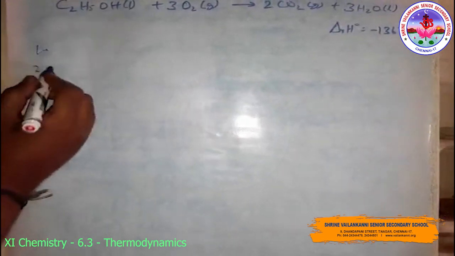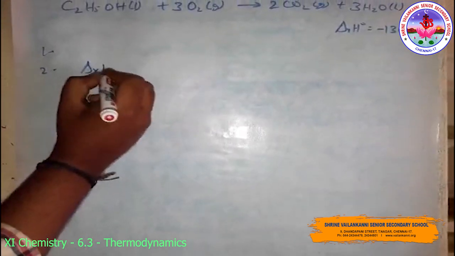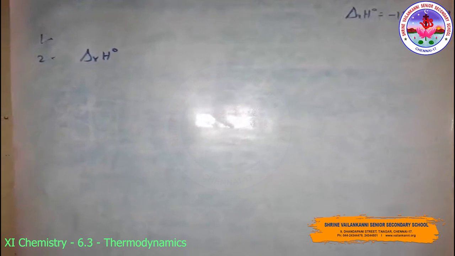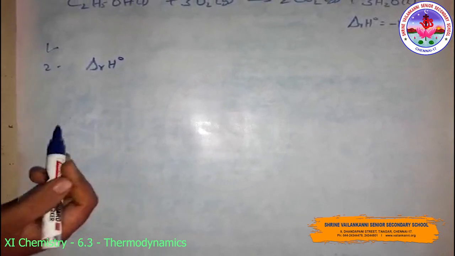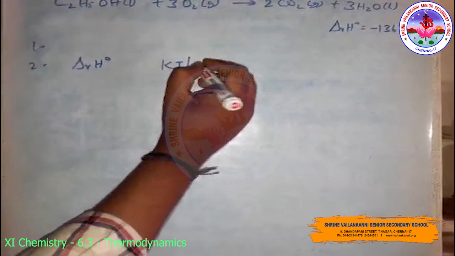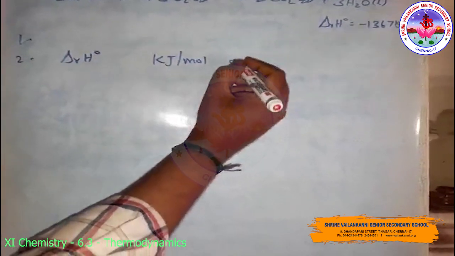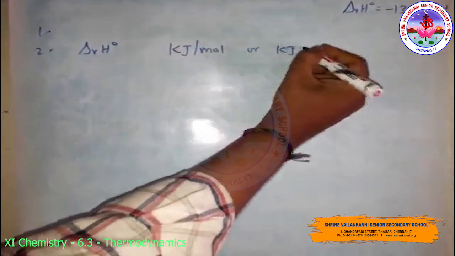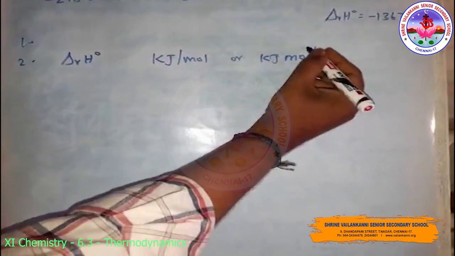Second, the numerical value of the standard reaction enthalpy, delta rH0, refers to the number of moles of substance specified by the equation. The unit of the standard enthalpy change is usually written kilojoule per mole, or you can write kilojoule mole inverse. Both are correct.